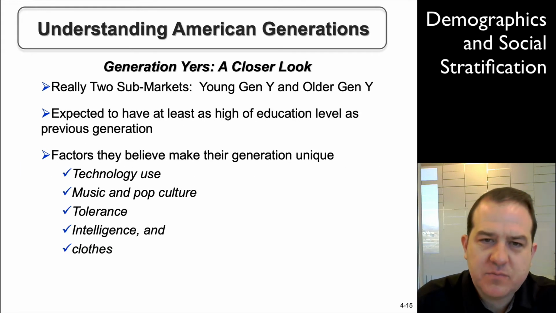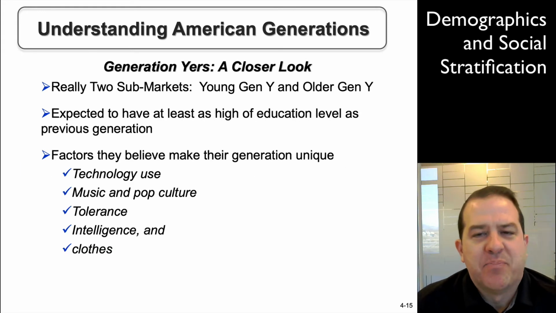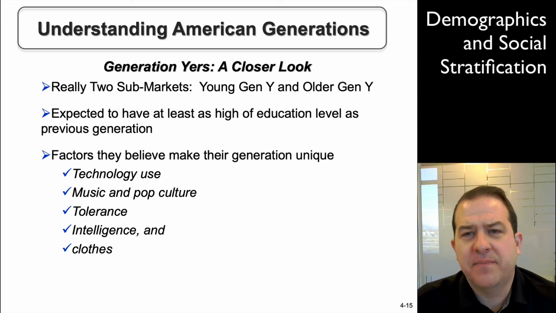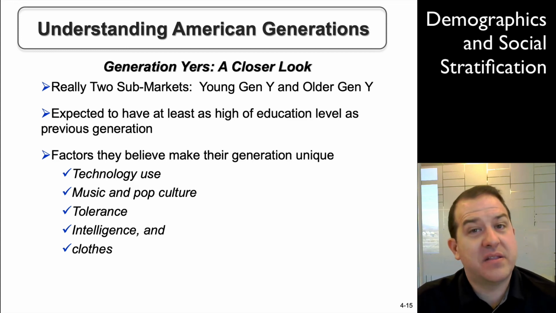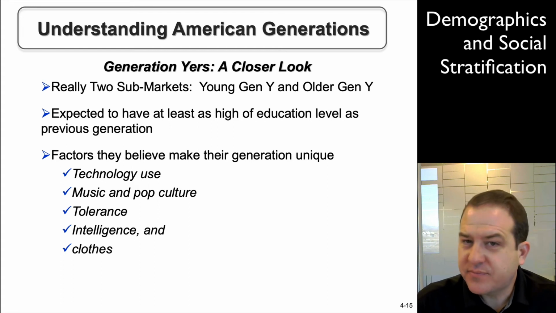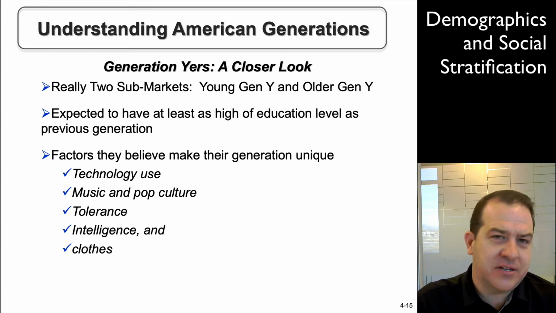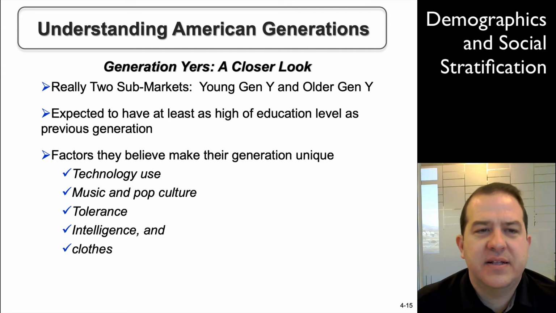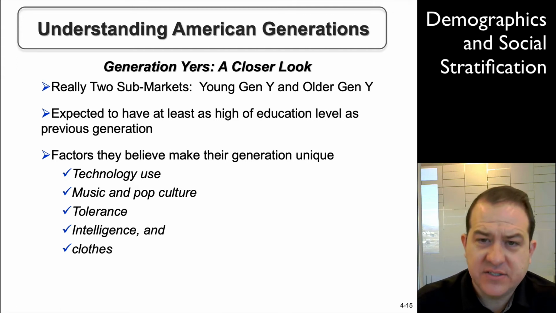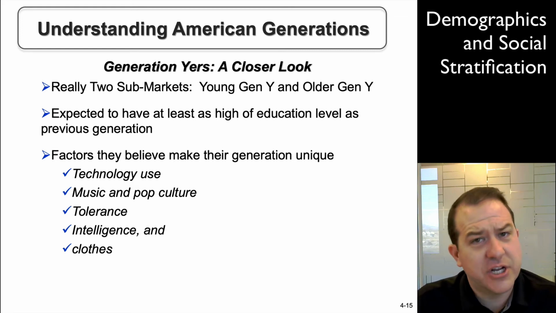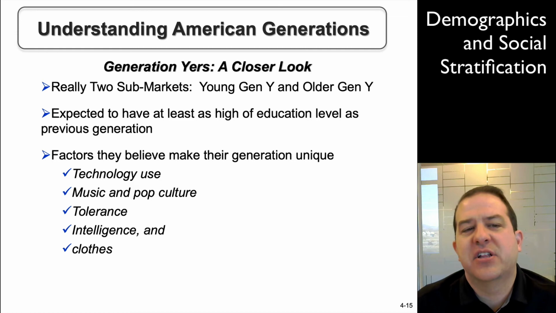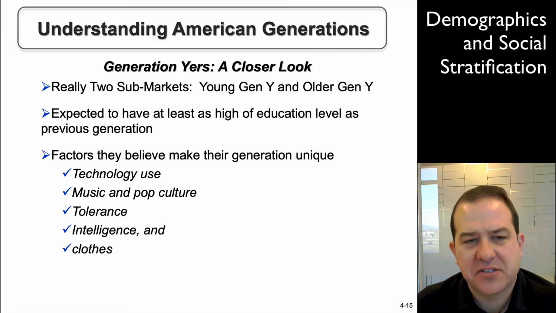All right, Generation Yers. So this is probably your group that you're in, and I am at the very top of this one. So I'm like the youngest Gen Xer, the oldest Gen Yer. And it's an interesting one. So there's the younger Gen Y and the older Gen Y. And you're expected to have at least as much education as a Gen Xer.